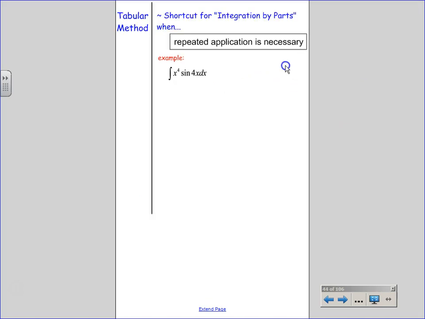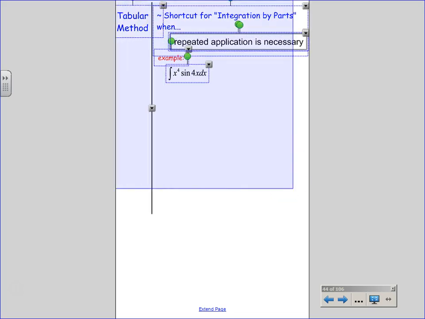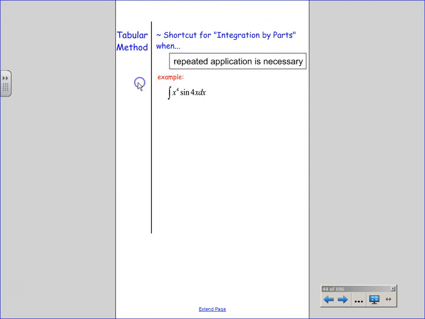What about this guy? Well, didn't you though? That's good and all, but hold on. Didn't you, though? Isn't it just going to take a while? Why? The x to the 4th, isn't it going to become an x cubed? Next time, isn't it going to become an x squared?